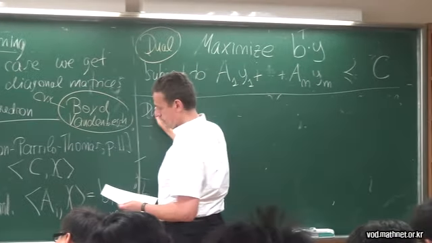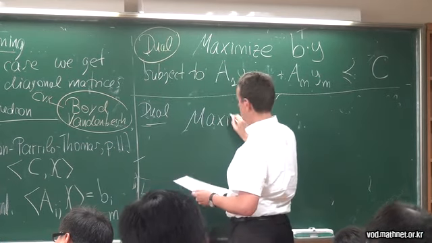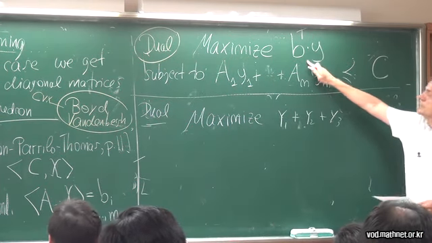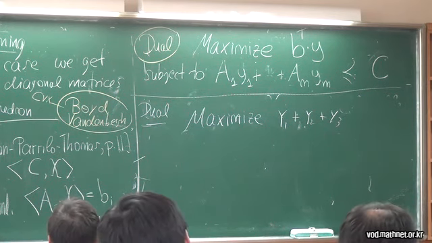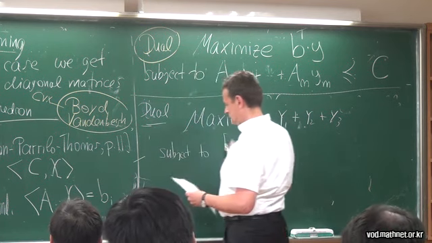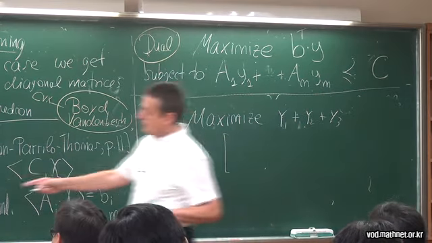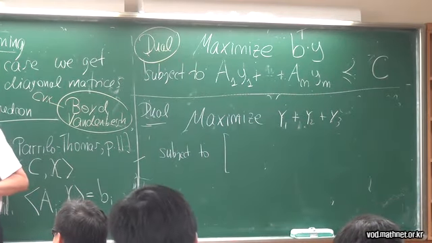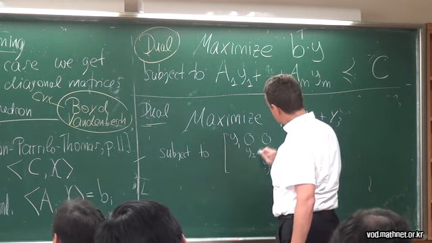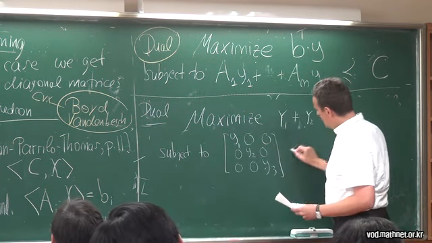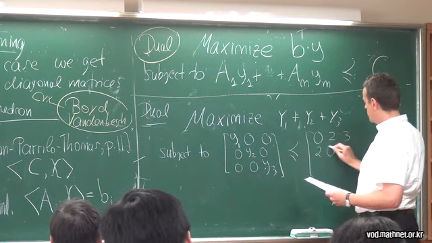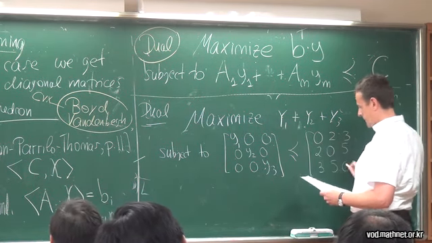This is the primal formulation, and the dual to this is: maximize y1 plus y2 plus y3, because the b's are all 1, subject to a linear combination, y1 A1 plus y2 A2 plus y3 A3, which is the matrix with y1, y2, y3 on the diagonal and 0 elsewhere, and that's less or equal in the positive semidefinite sense than the matrix 0, 2, 3, 2, 0, 5, 3, 5, 0.